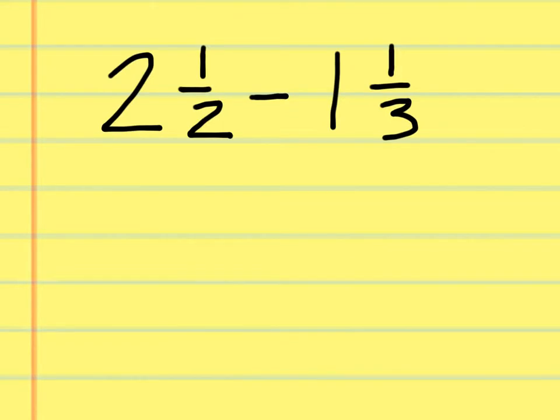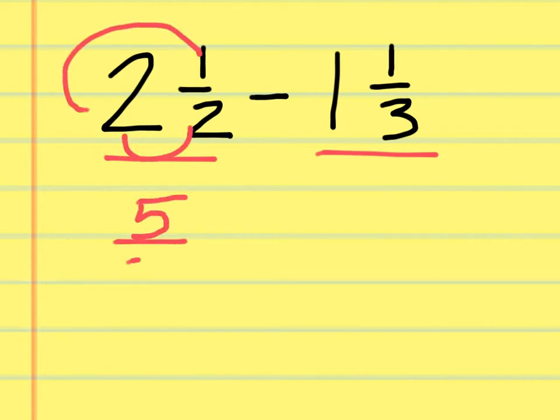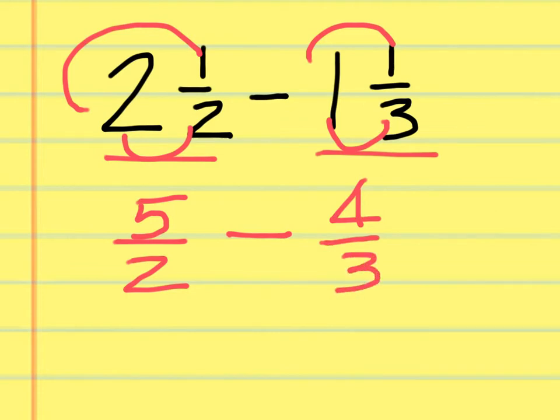2 and 1/2 minus 1 and 1/3. There's 2 different ways you can subtract these fractions, but I'll show you this one way. Convert both of these to an improper fraction. 2 times 2 is 4, plus 1 is 5. Put it over the denominator. 3 times 1 is 3, plus 1 is 4. Put it over the denominator.